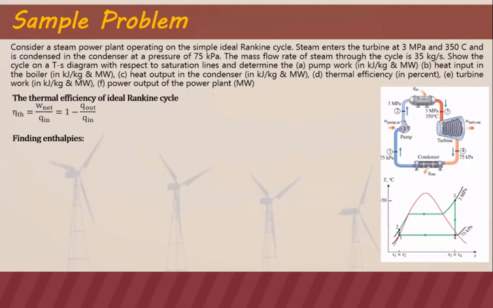If we are dealing with air, you can use the ideal gas equation or the air table. If you're dealing with refrigerant, then you will have to use the refrigerant table, which you also encounter in thermodynamics 1. So finding the enthalpies first, we will start at state 1.